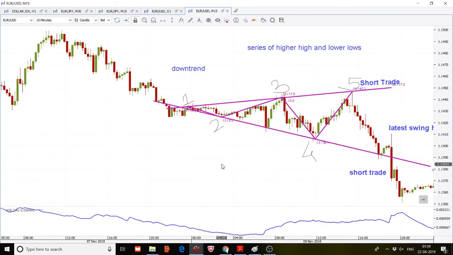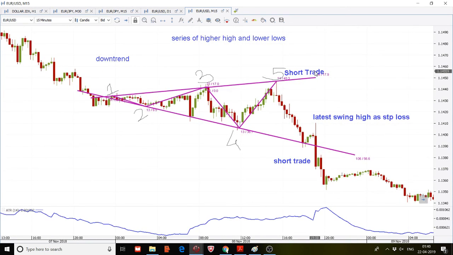That's why you will need to use your logic. But roughly you will notice that our conditions of higher highs and lower lows are followed in this pattern, and we are getting an ascending triangle structure. That's it. That only matters.